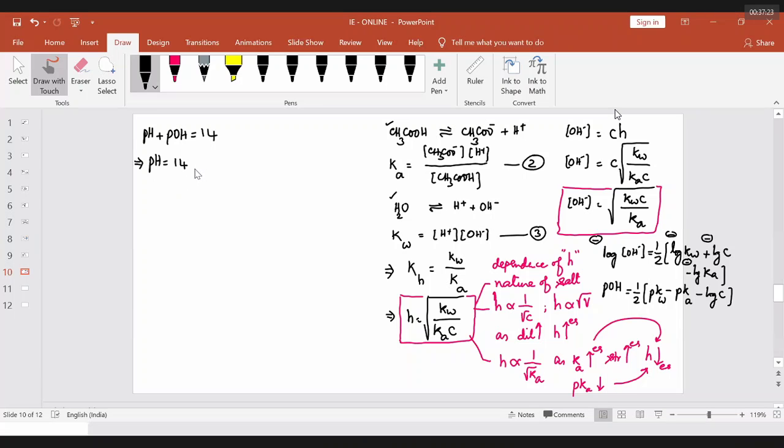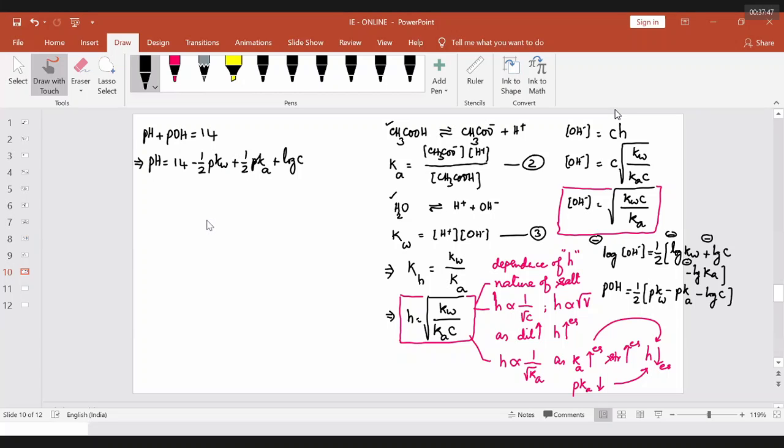I sometimes forget that one. 14 minus half pKw, minus of minus plus half pKa, minus of minus plus log C.